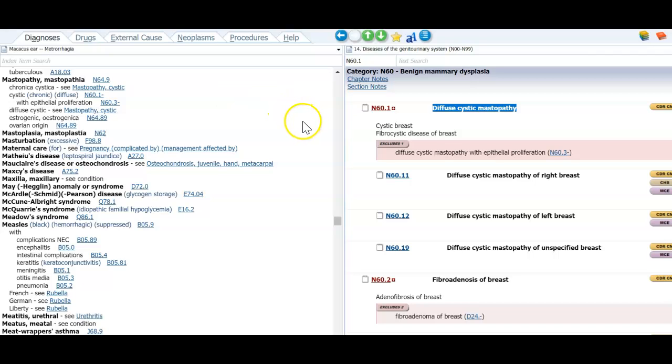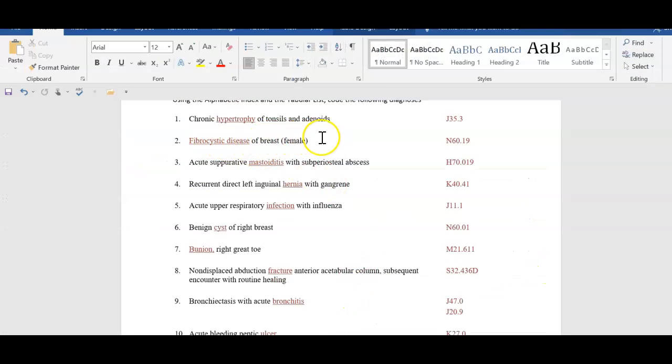So once you go to your tabular, we don't know if it's right, we don't know if it's left, it's unspecified. Just with the documentation, it's not giving us enough, so we have to go with the 1.9.